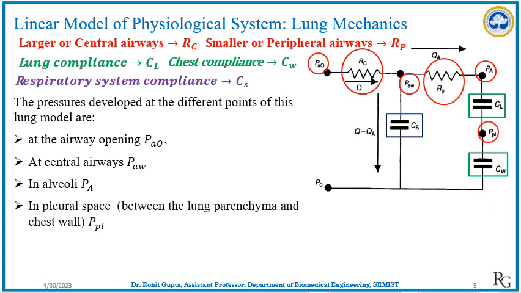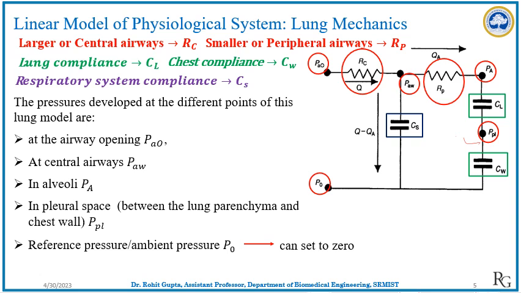The pressure between the lung and chest wall is PPL, and here the reference voltage is taken as PW, that is also the ambient pressure. For the analysis we can set it as 0, like the ground in a circuit.